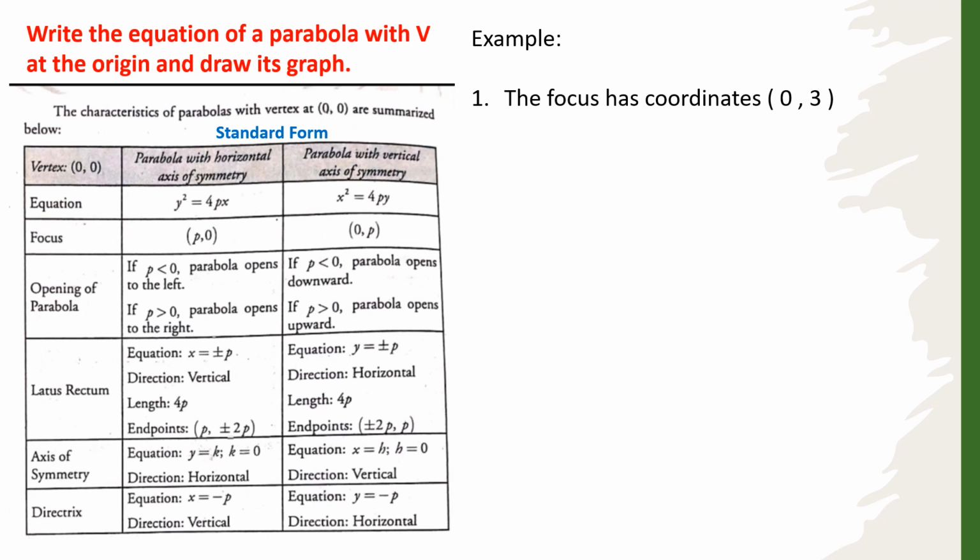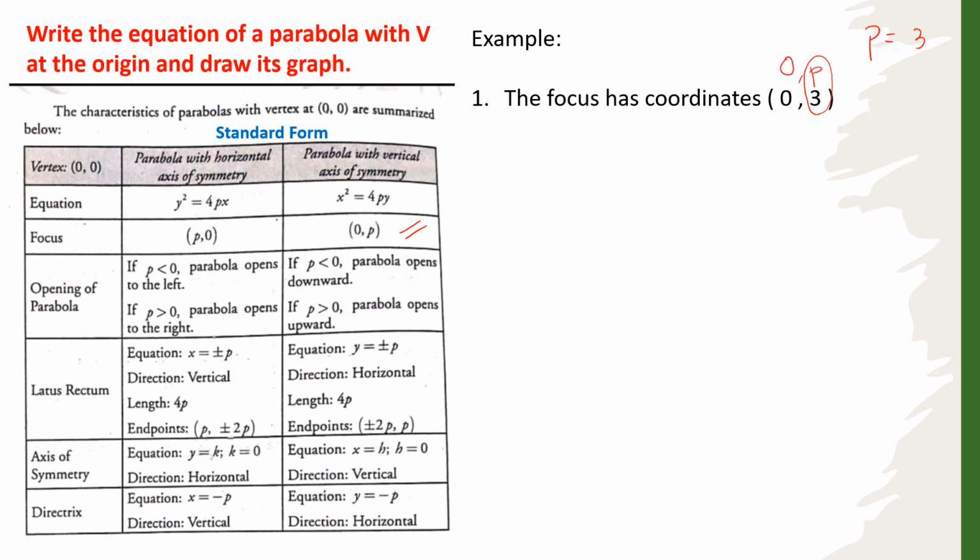So, applying the characteristics given, since the given is a focus having a coordinate of 0, 3, lumalabas na ang ating focus pattern ay 0, P. That the value of P here is 3. Okay? So P equals 3. And since focus pattern is 0P, we'll be using this table.